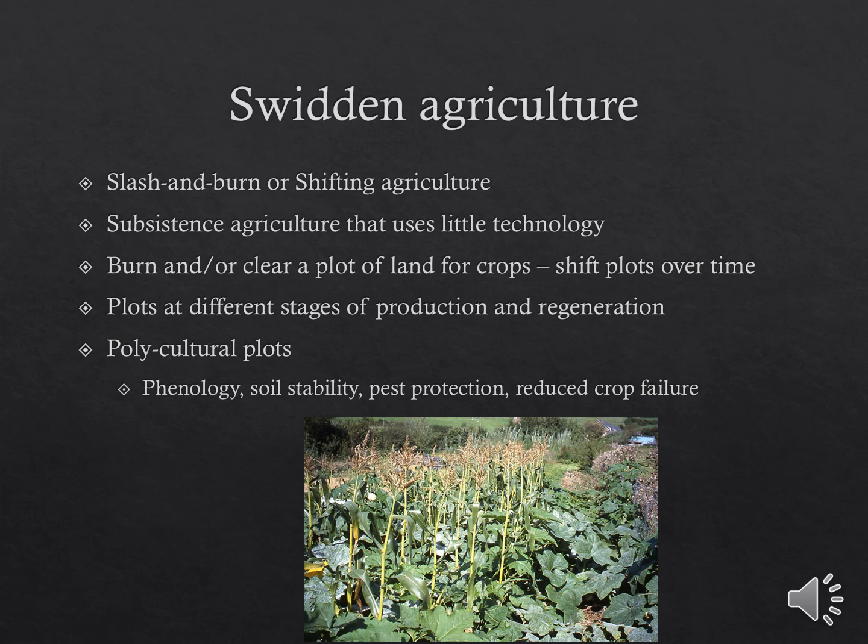Plants like maize, cassava, grains, these need nitrogen, and they extract nitrogen from the soil, so they deplete the soil of nitrogen. Now, other plants, like legumes, for example, put nitrogen back into the soil, so you have that balance.